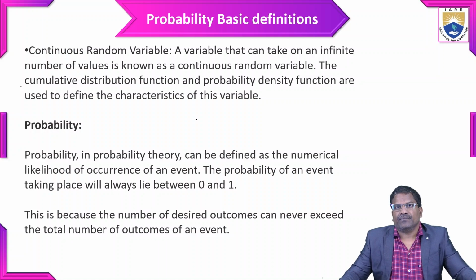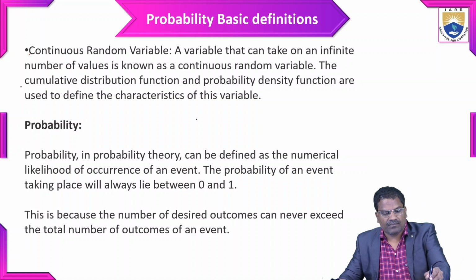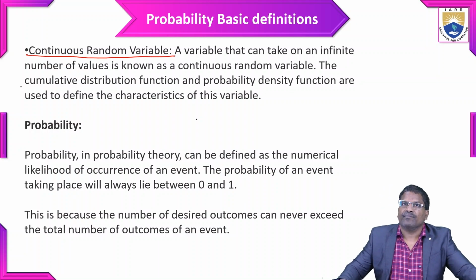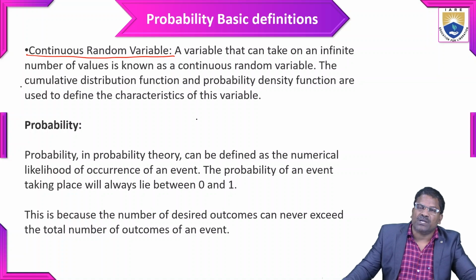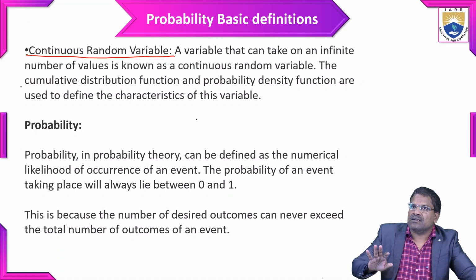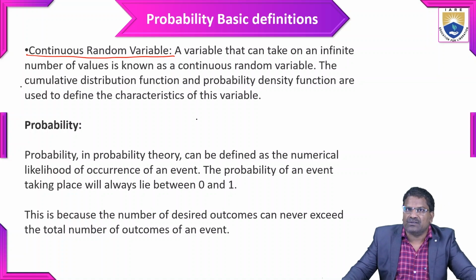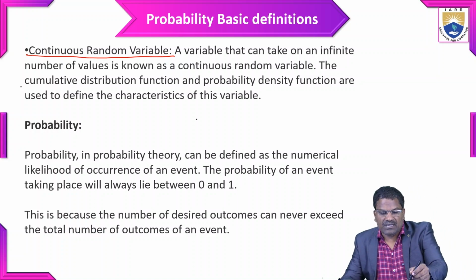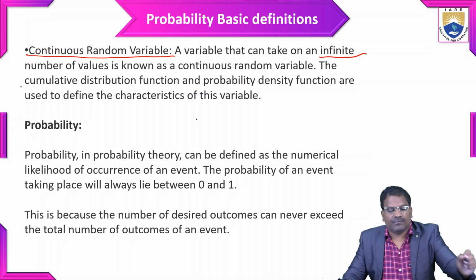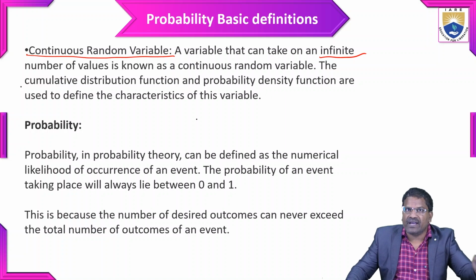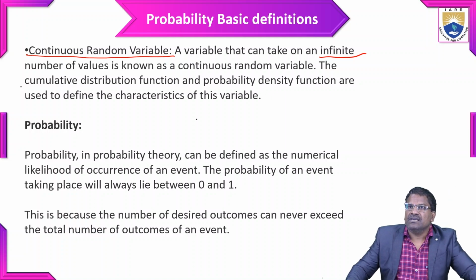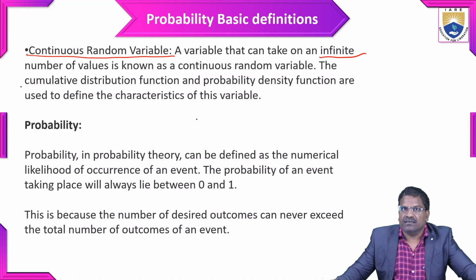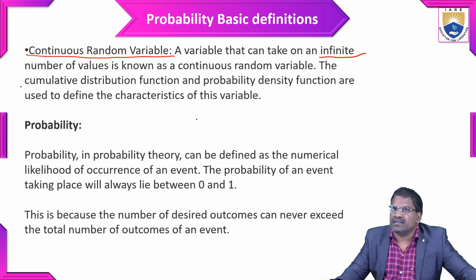Now let us see the continuous random variable. A variable that can take on an infinite number of values is known as a continuous random variable. So here it takes on an infinite number of values, whereas in a discrete random variable a finite number of values will be there.